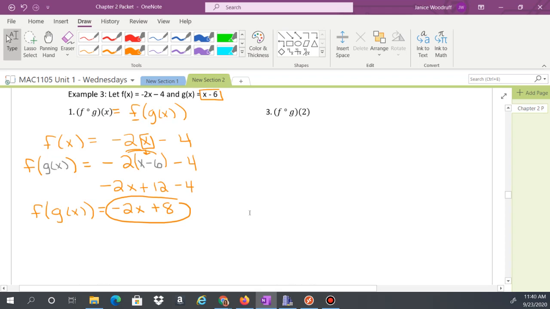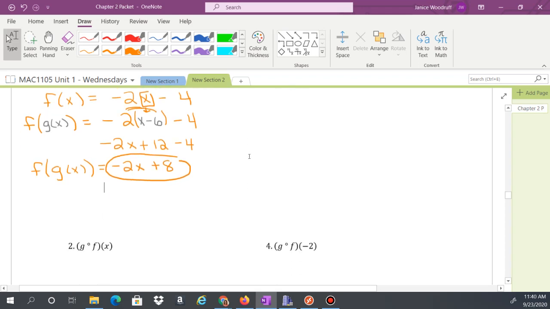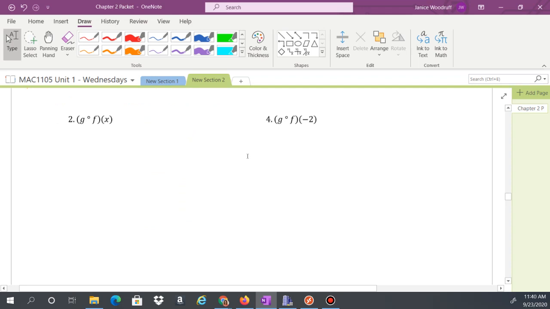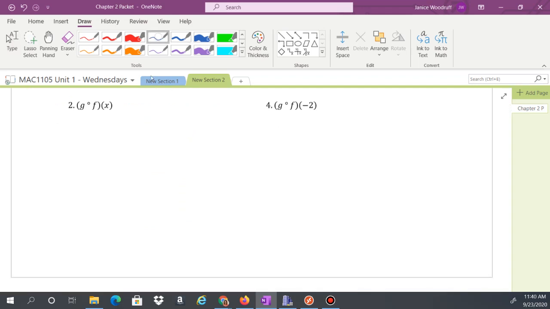Okay, let's go down to number 2 before we go up to 3. Number 2, you have g of f of x. So we're going to start with g of x, which is x, what was it, x minus 6, right?